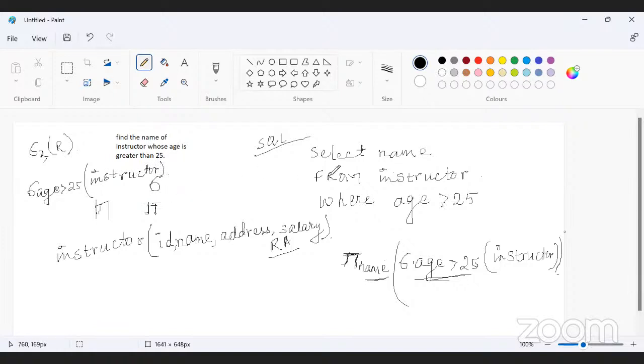Here we want to select only name. For the project we use the pi operation.